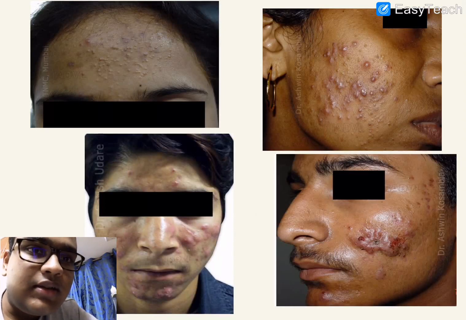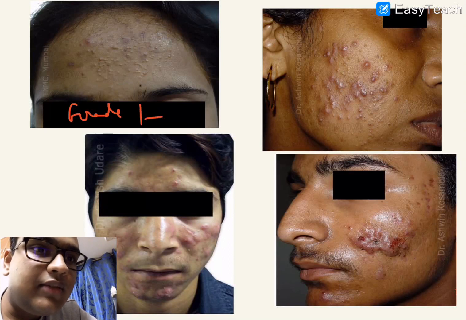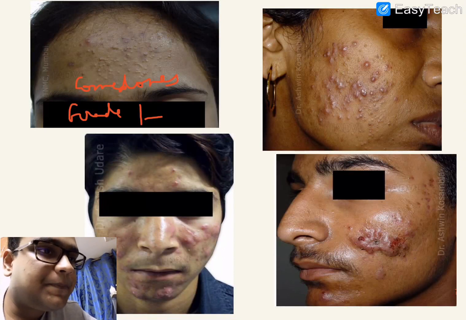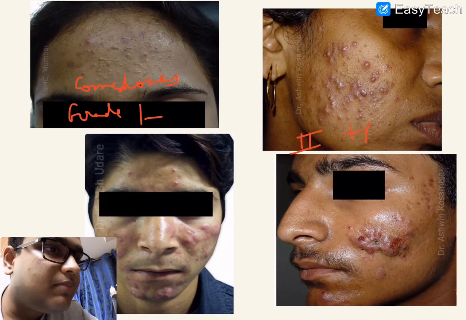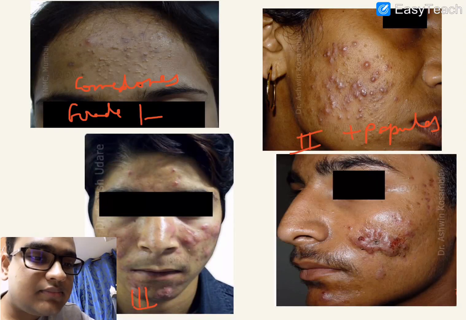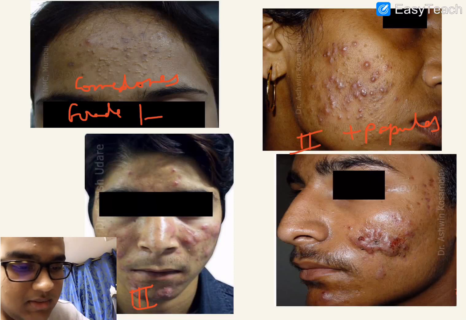Here there are 4 grades of acne. This is grade 1, where you can see only comedones. So all these are comedones. This is grade 2, where you can see comedones with papules. And this is grade 3, where you can see comedones with papules with certain pustules.